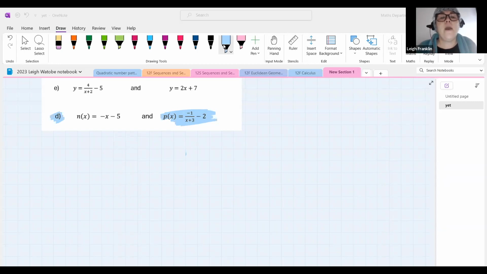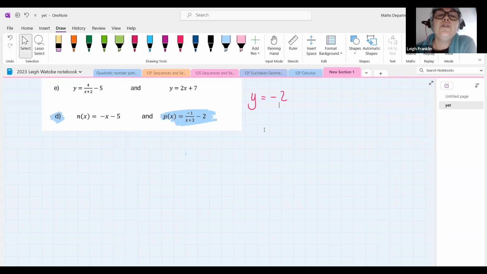Okay, so when they ask you for the equation of a vertical or a horizontal asymptote, you have to make sure that you write it with y and x. Okay, so just as you guys had told me, the equation of the horizontal asymptote, it is the line y equals -2. The equation of the vertical asymptote, it is the line x equals -3.